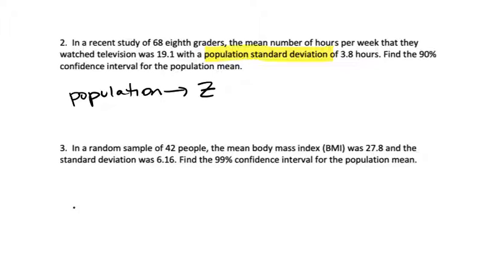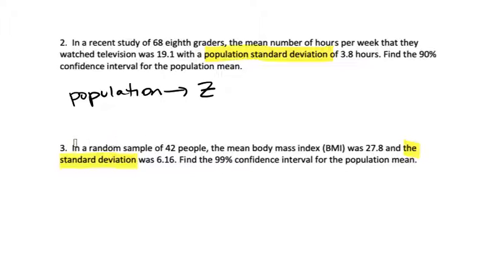Question 3 says, in a random sample of 42 people, the mean body mass index was 27.8 and the standard deviation was 6.16. Find the 99% confidence interval for the population mean. Now this one is a little bit trickier because it just says the standard deviation. It doesn't say sample or population in front of it.